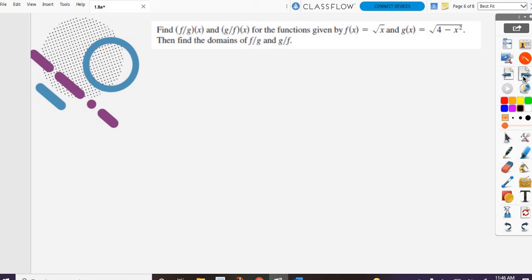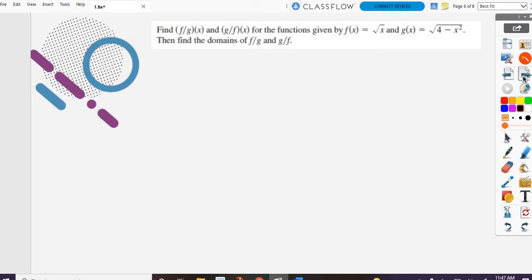So we're going to have lots of restrictions going on for this one. We are going to do this one together, and I will tell you that I probably would not ask you one like this on a test. But this process would be the same with easier functions. So if we can do this one, then we should be able to do it with simpler functions as well. Are we all with me?